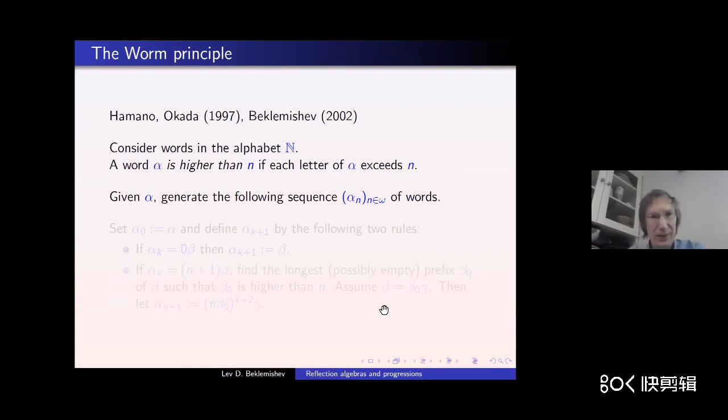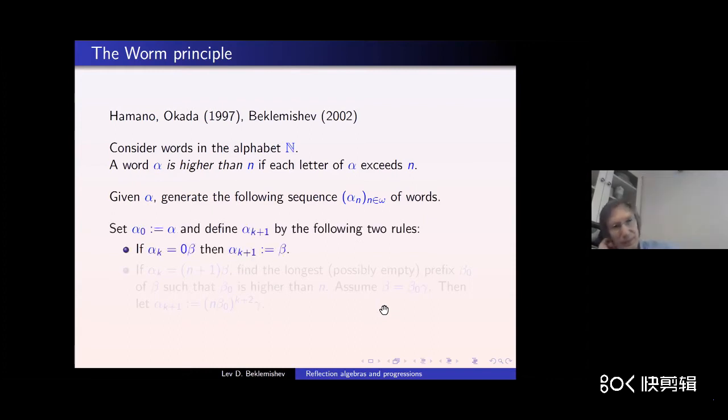Then, given any word alpha, we can generate the following sequence of words according to these rules. First, we start with the word alpha, and once alpha k is defined, we define the word alpha k plus 1 by the following rules. Firstly, if alpha k begins with 0, then alpha k plus 1 is obtained by deleting this 0, the head of the long worm alpha k.